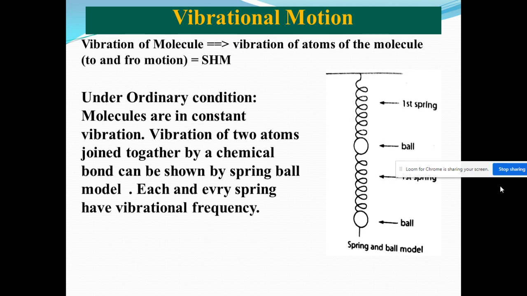Let us consider a ball connected to a spring which is held hanging by a hook and it is stretched to a fixed distance and then released as shown in the picture. The ball starts moving to and fro with a certain frequency and amplitude. That is, a simple harmonic motion is generated.